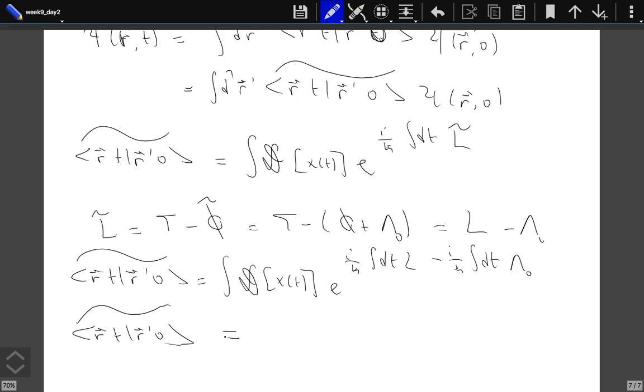It can be a constant. In fact, it can even be some function of time only, as long as it is independent of the path I am considering. I can just take that lambda 0 term out of my path integration, because path integration is just the sum over paths, and since all of those paths have the same factor in the sum, I can just factor out that common factor.